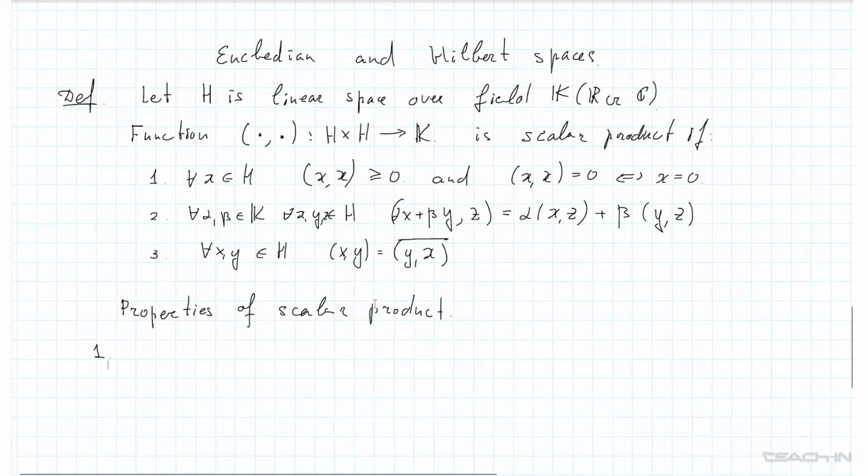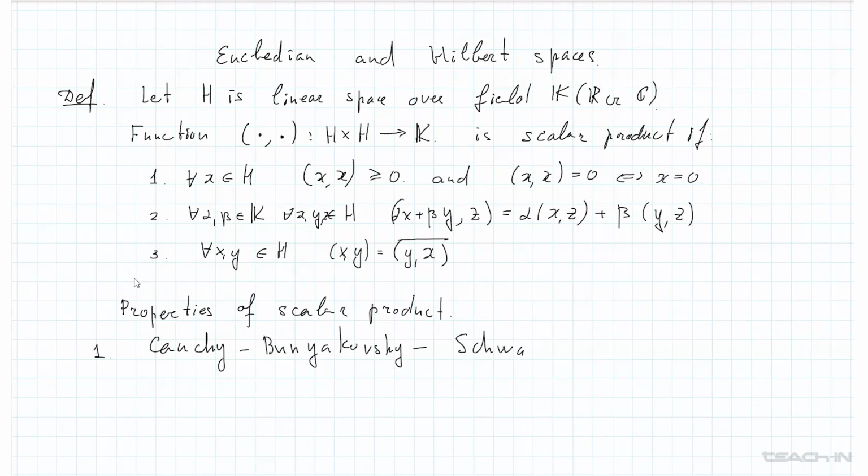It is also called, I think in English more often, Cauchy-Schwarz, or Cauchy-Bunyakovsky-Schwarz inequality. It means that for any x, y we can obtain this.